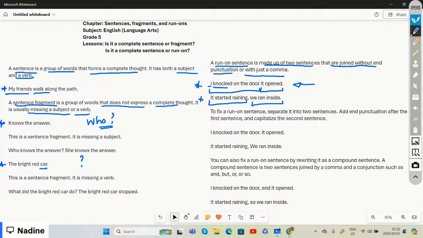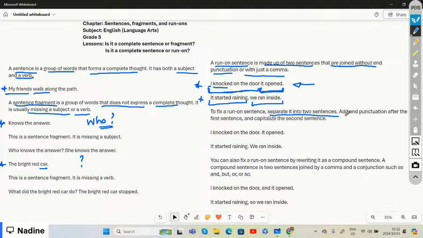We can fix our run on sentences by separating them into two sentences, almost like I did there. I separated it by saying, I knocked on the door, it opened.